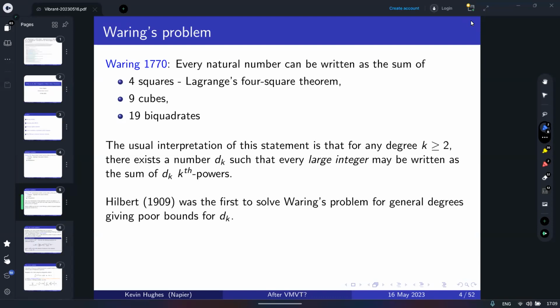So that was an assertion made in 1770, somewhere in Oxford or Cambridge, and by the 19th century, Hilbert showed that you can actually do this. You can get every large number in sufficiently many variables.